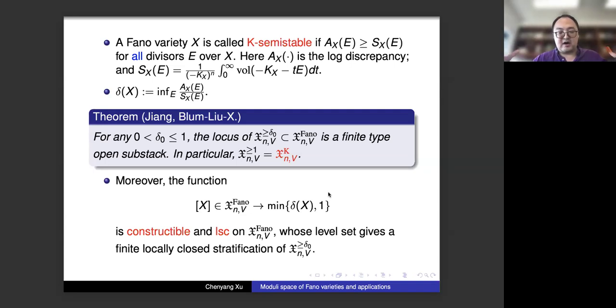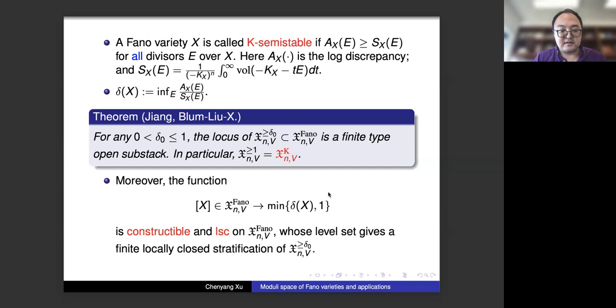Then there is a big open set, which is the semistable one, and all the other, not semistable parts still form strata. If you look at the vector bundle case, you can do a similar story, stratifying the vector bundles with fixed determinant or fixed rank by some function that comes from the Harder-Narasimhan filtration.